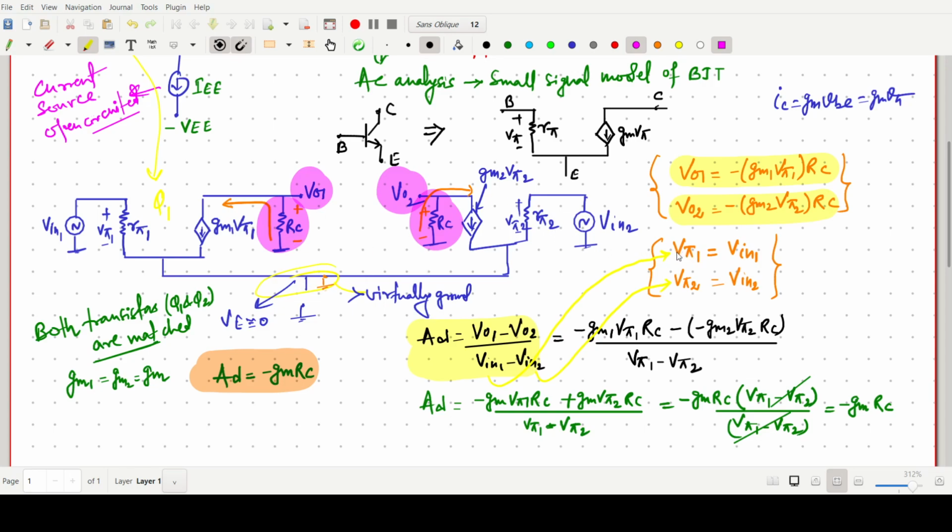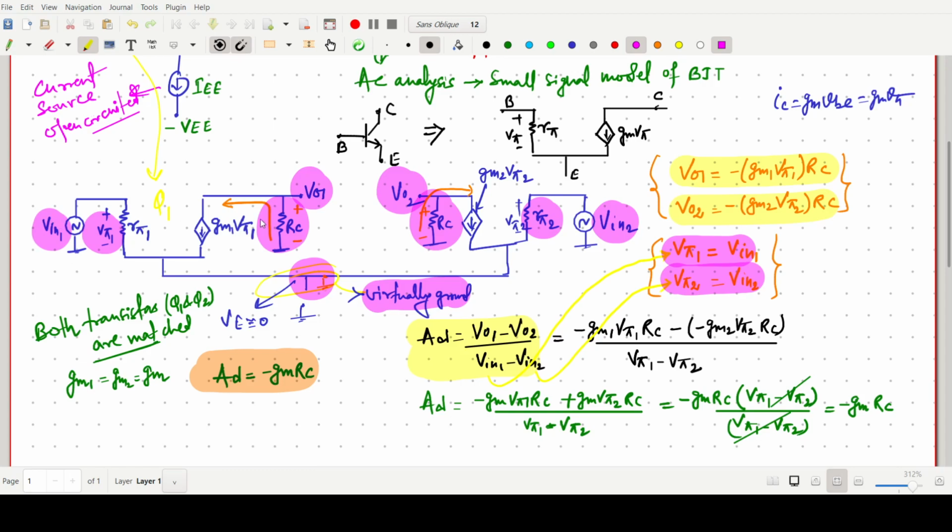Similarly, this V pi 1 and V pi 2 is supposed to be V in 1 and V in 2. So this voltage is just the same as this one, and V pi 2 is the same as V in 2. And this one is somehow virtually grounded. So this is very important, this virtually grounded term. We can prove it. It is very simple.